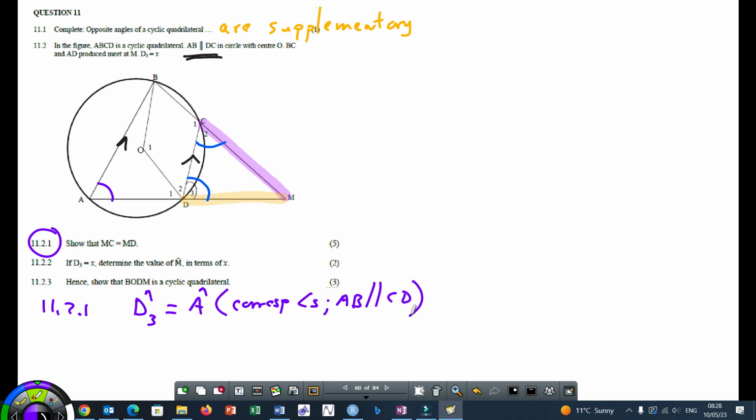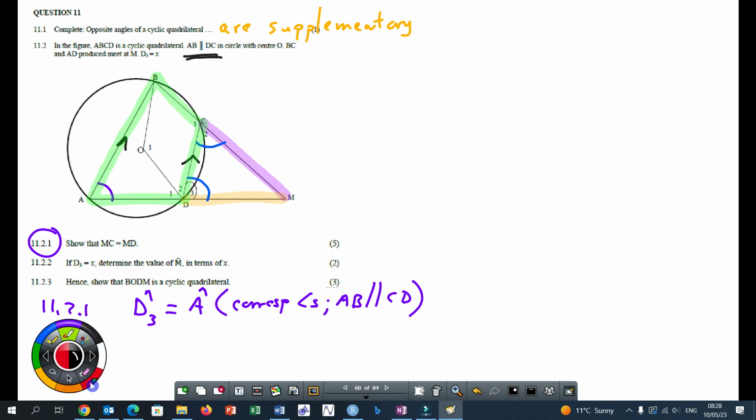Then I also need to prove that, remember, the objective is to prove that C2 is equal to D3. Right? Now, if you look carefully at the diagram, we have got this cyclic quad. It's A, B, C, D. That's a cyclic quad. And C2 is an exterior angle of a cyclic quad.